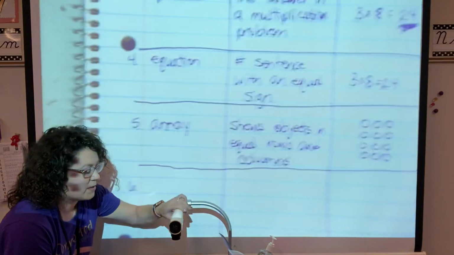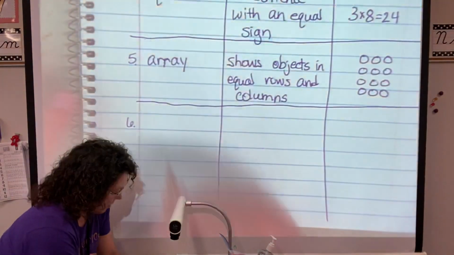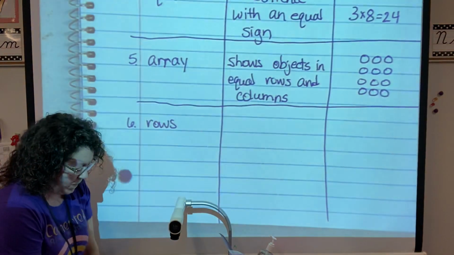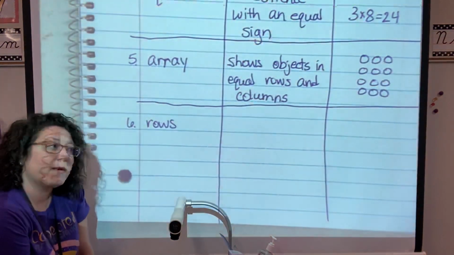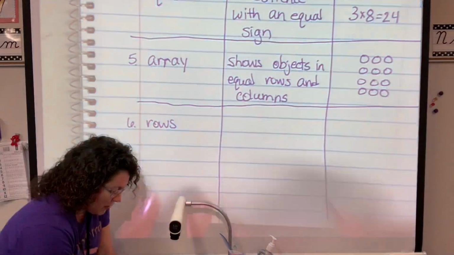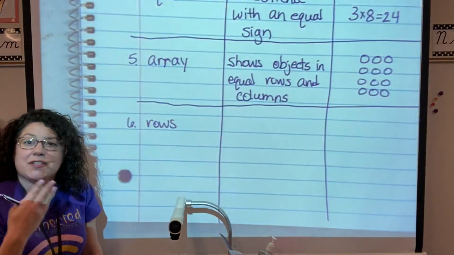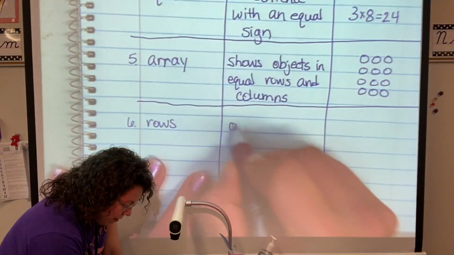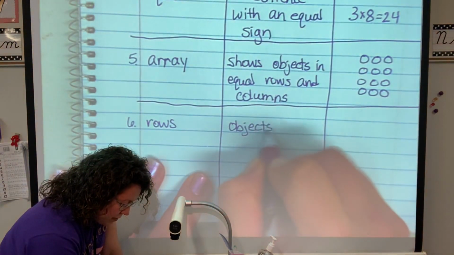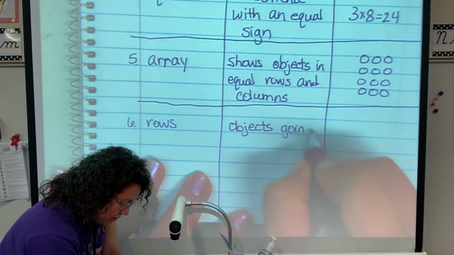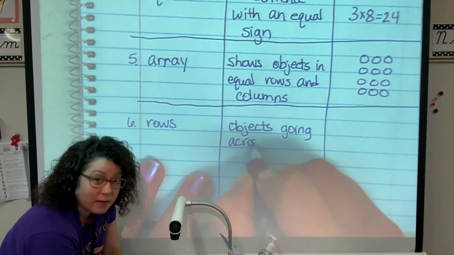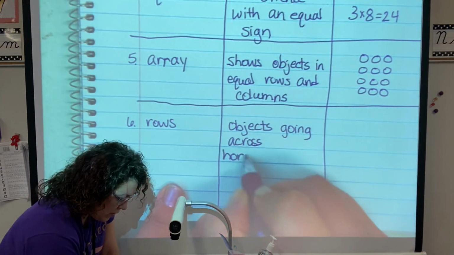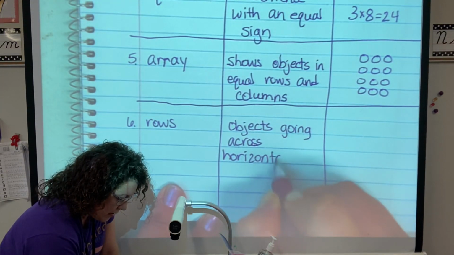Number 6. Okay. Our next word is rows. What is a row? I think we all know what a row is, but we're going to define it. You sit in rows on the carpet, you sit in rows at the movie theater. Objects going across horizontally.